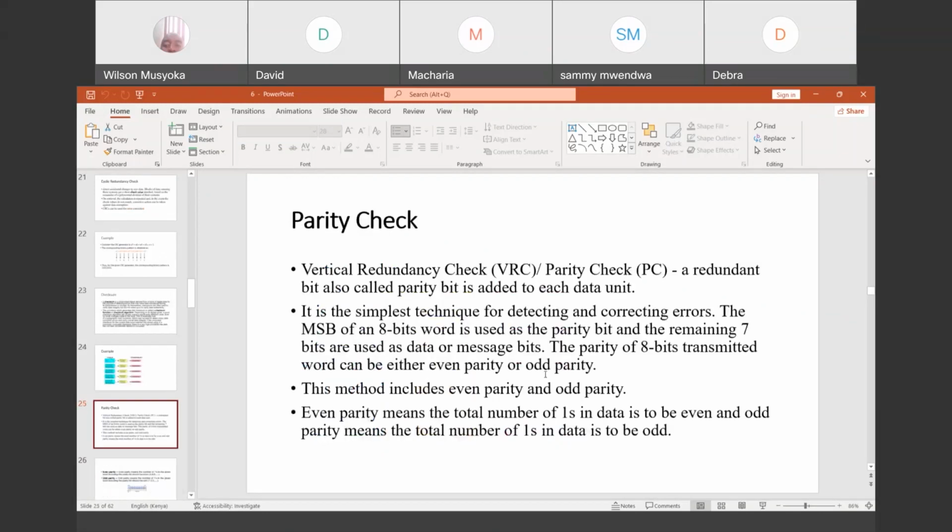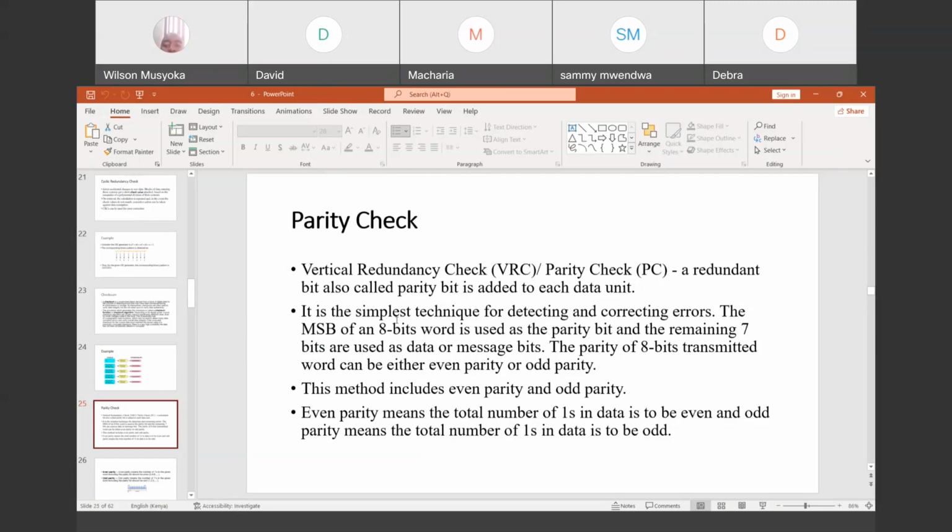Then we also have a parity check, and this is what we also call the vertical redundancy check. Here you put a redundant bit, which is going to be added into the data unit. So you could find that the minimum data unit is going to be 8 bits. But as the parity bit, you are going to have the 8th bit as the parity bit, and then the remaining 7 bits are going to be used as the message.